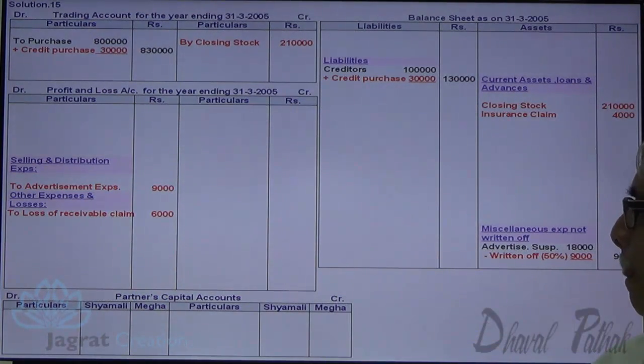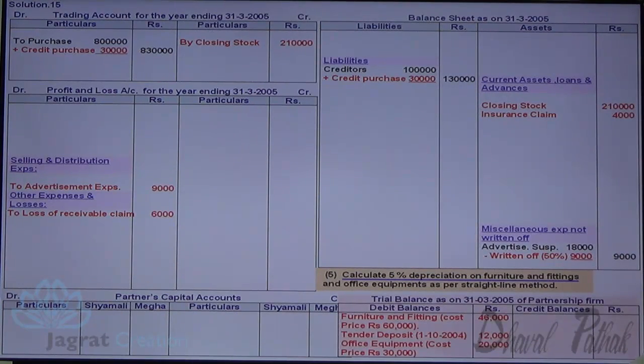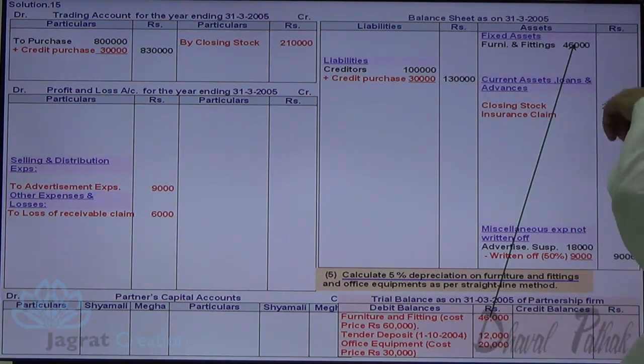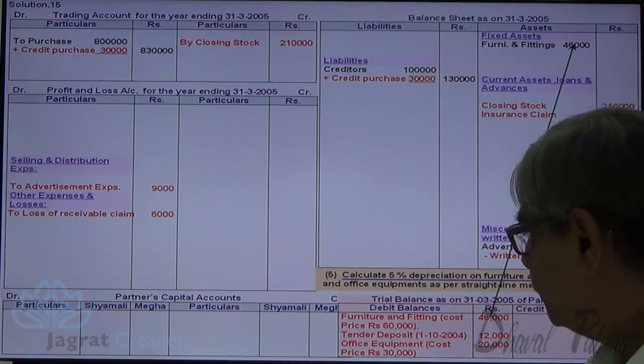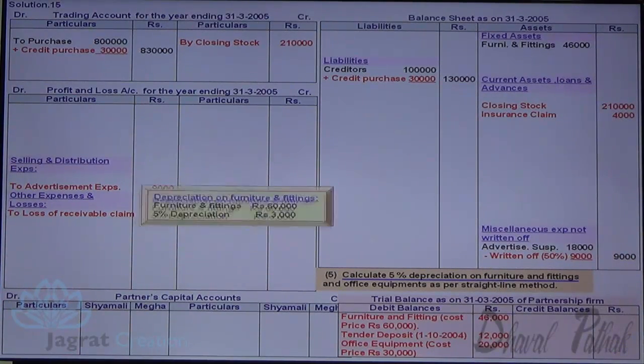Now, next adjustment. Calculate 5% depreciation on furniture, fittings and office equipment by straight line method. Furniture and fittings 46,000 will appear on the balance sheet asset side. Now depreciation at 5% will be calculated on 60,000.